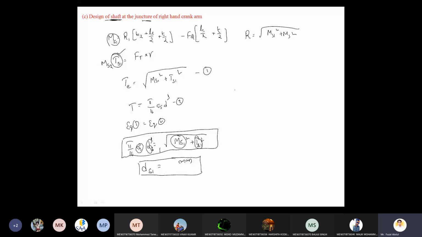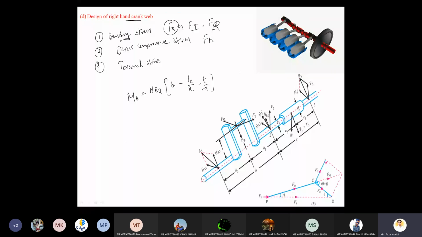See here, bending moment HR2 into B1 minus LC by 2. LC is the length of the crank pin, and T by 2 is half the thickness of this crank web. Okay, so this is a bending moment.